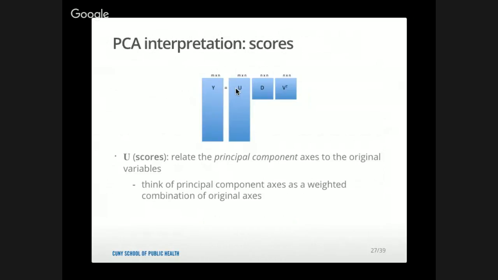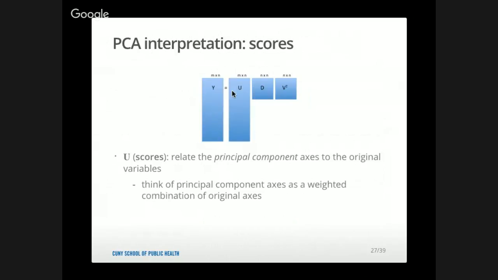It's a rotation and its values give you the relative importance of each of your variables to each principal component. So the columns will correspond to principal components, and the rows correspond to your original variables.